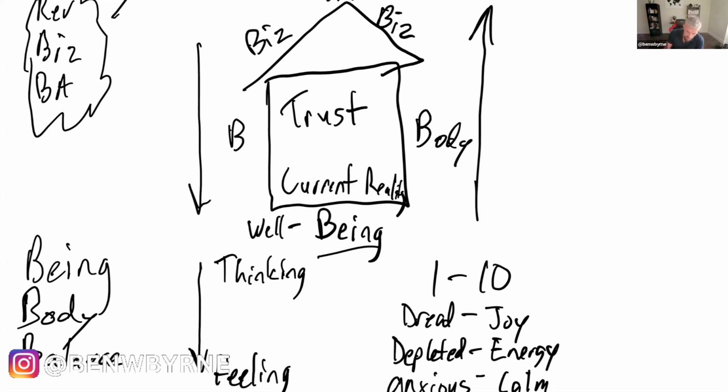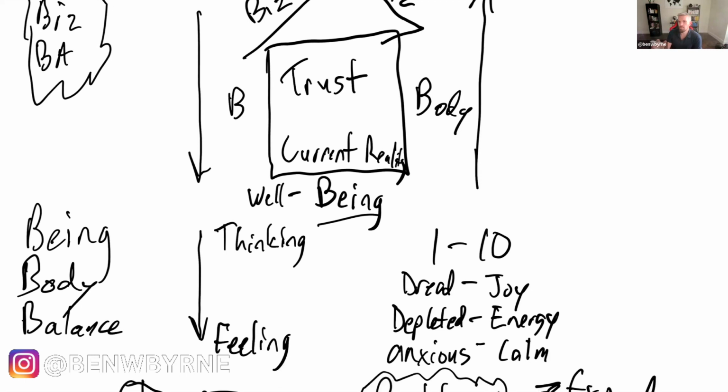Because this current reality here, you can't argue the fact that these 3 areas, your body, your being, and your balance, are directly linked to your business and to your bank account. So if you are 10 out of 10 on your body and your being, but your relationships are out of whack, it will have an effect on you.